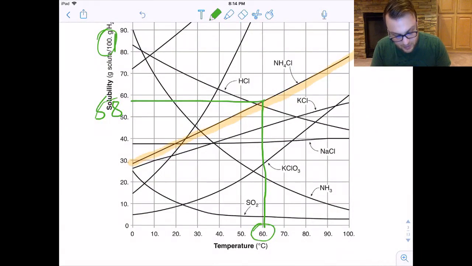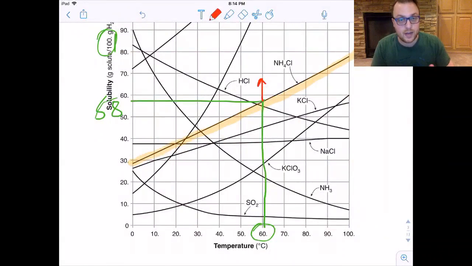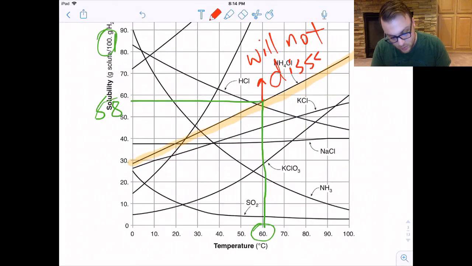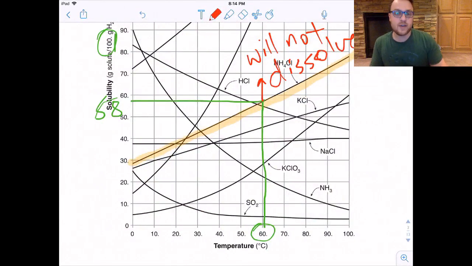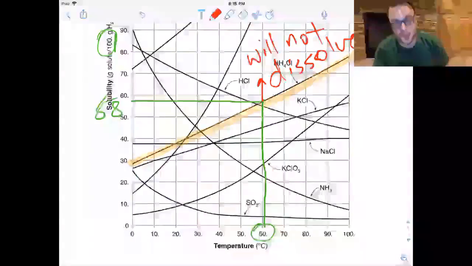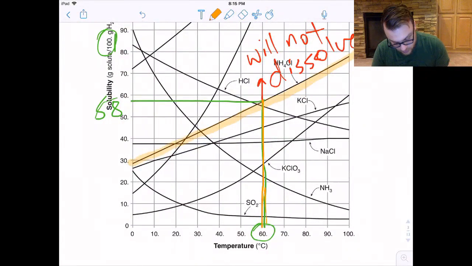Anything above this line, anything in that red going up, will not dissolve, because that is over the point of saturation. Anything above 58 grams at 60 degrees for NH4Cl will not dissolve. Anything below, I'm going to change the color to orange here, anything below where it hits the curve is unsaturated.